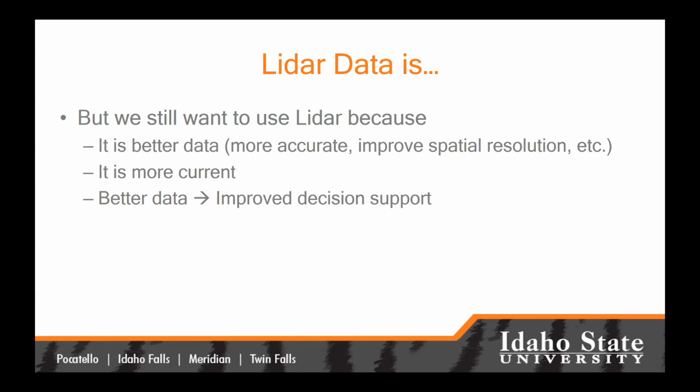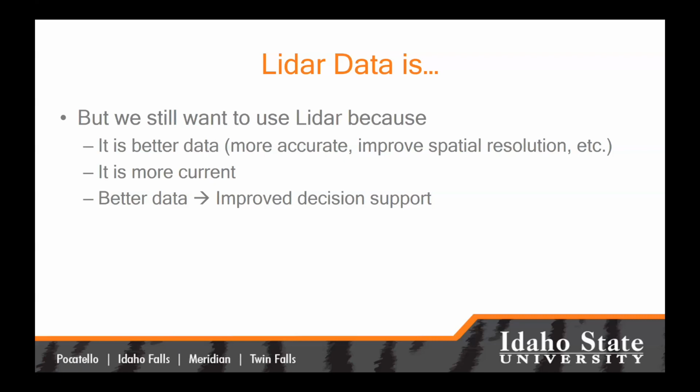We might all be accustomed to working with the National Elevation Data Set from USGS that has a 10-meter spatial resolution on those final raster products. Well, LiDAR data typically has a 1-meter spatial resolution on those output pixels, and a lot of the data that I'm seeing now is coming in at half-meter pixels.